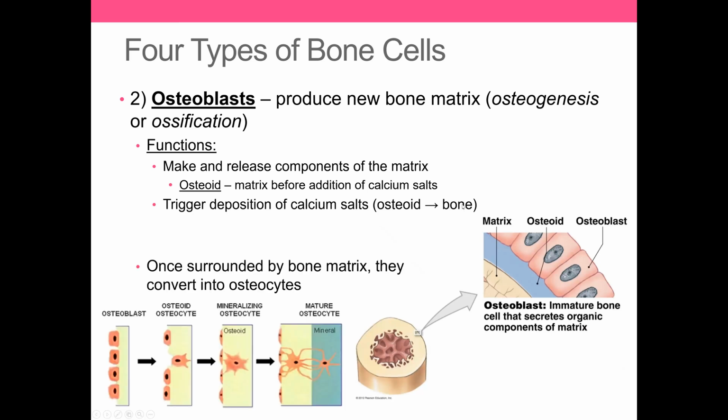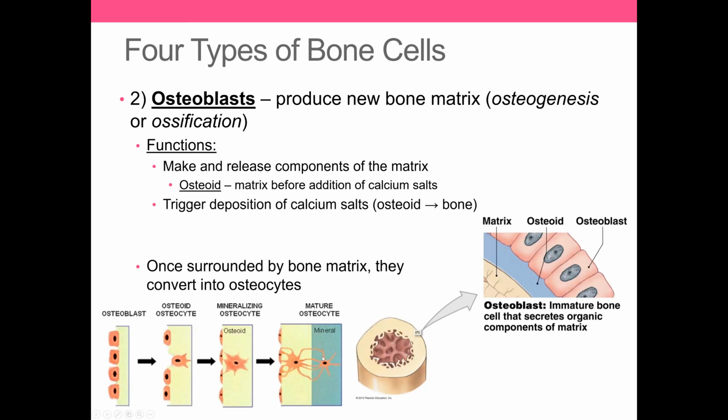And as the osteoblasts are making new bone, they actually get themselves stuck in the new bone they're making. So they get surrounded by the osteoid, and then they get surrounded by the mineral composition, so the calcium salts. And once they're completely embedded, they become an osteocyte, and they're just going to hang out there for the rest of their lives and maintain and take care of that bone around them.